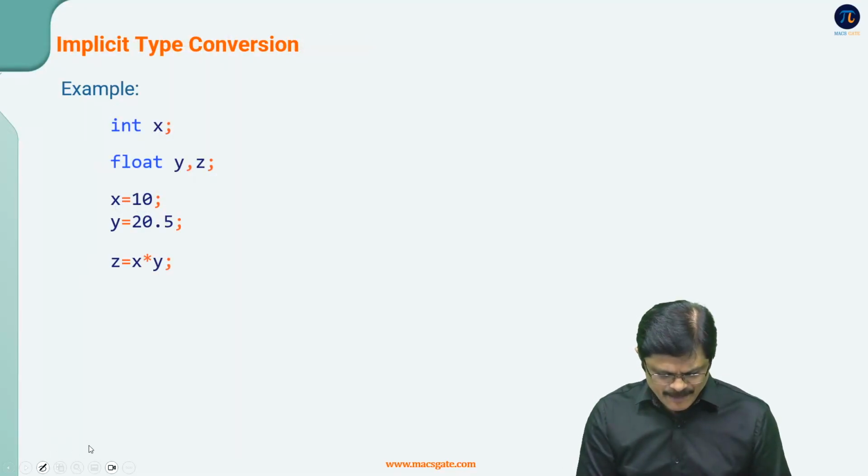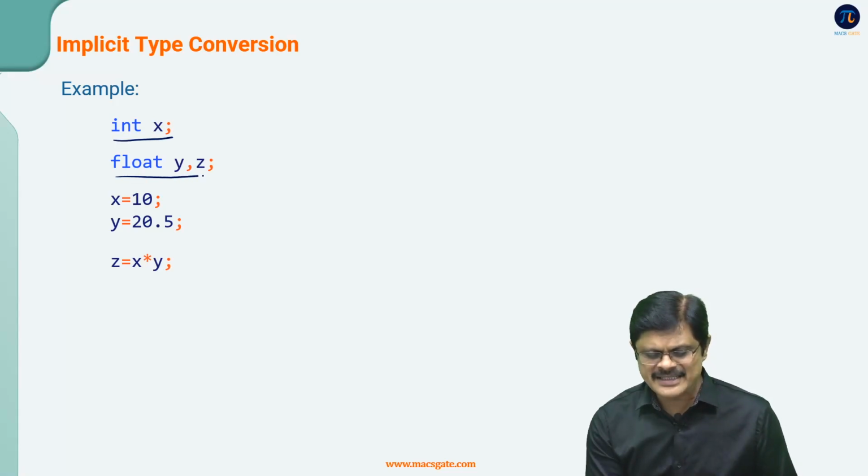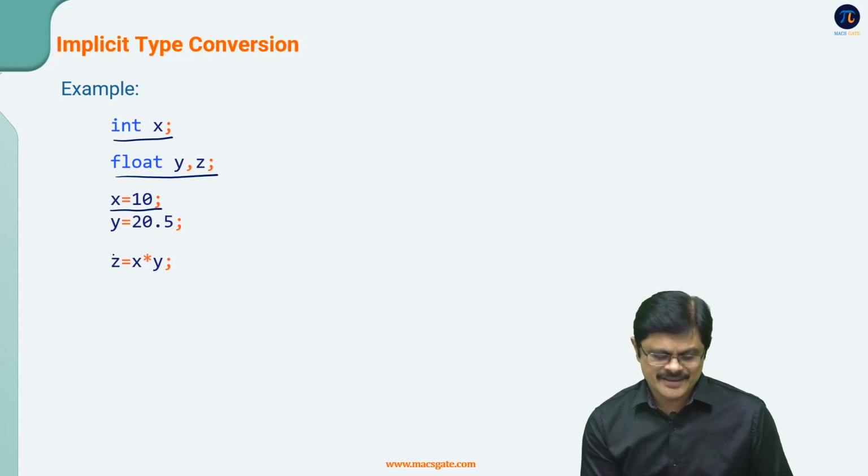Now, you can take this simple example. Here we have integer variable x, and y, z are float variables. Now, here we are assigning 10 to x and 20.5 to y, that is, x is integer and y is float. Now, we are performing z is equal to x into y.